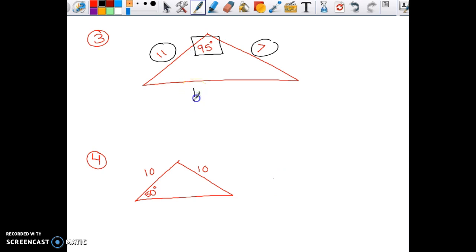All right, I'm just going to type it in the calculator, 1/2 AB sine of C. So take a second, type that in. Make sure your calculator is in degree mode because this is in degrees. So 1/2, I'll go ahead and do 77 times sine 95, and I'm getting 38.4 units squared.